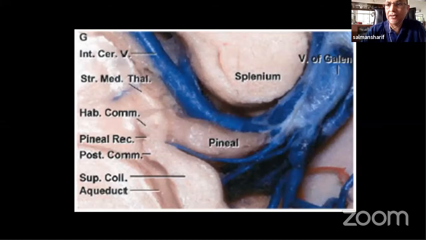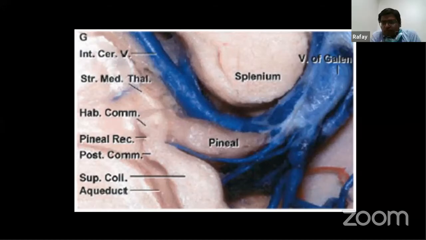I'd asked Dr. Deopujari, please, if you could tell us what's your protocol for ETV. What do you do afterwards? So if I'm doing an ETV for a posterior third ventricular tumor, or for aqueduct stenosis, a straightforward indication, I usually do not keep anything, if I have been able to open the third ventricular floor well, as well as the membrane of Liliequist well.